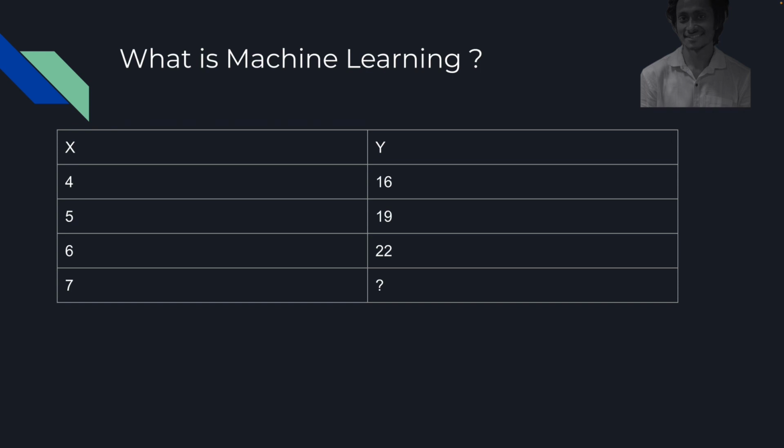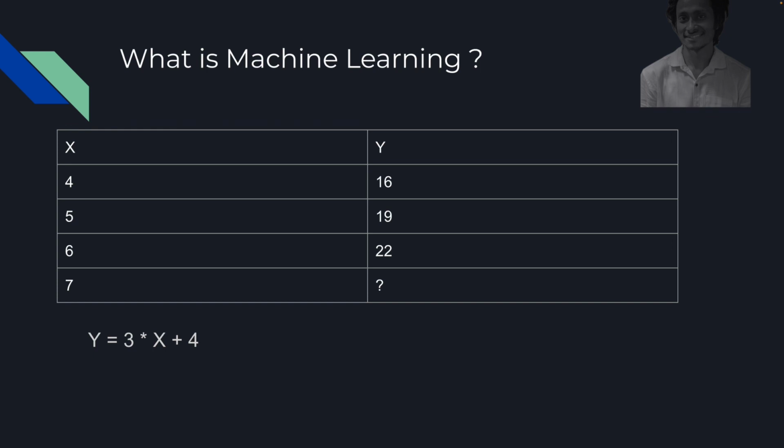The data can be a bit more complex where there are many variables involved. For example, I have x variable and y variable over here. Let us say y depends on x value. In this case, do you identify any pattern? Is there any relationship between y and x? If you have identified it properly, it is clearly y is equal to 3x plus 4, isn't it?